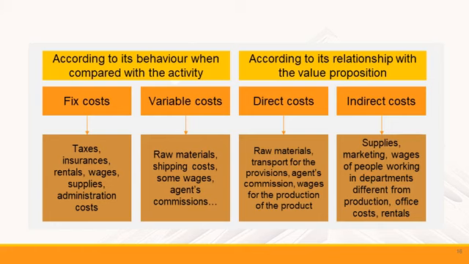And also the agent's commissions. That means that if I have, for example, a commercial agent that is performing the commercial action for my company, I am going to pay an amount that is previously set with this commercial agent according to the results of their work.